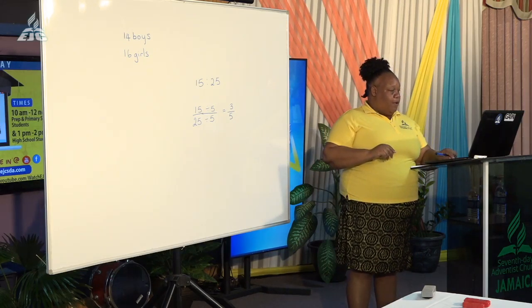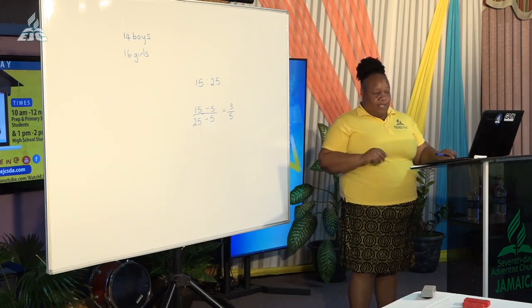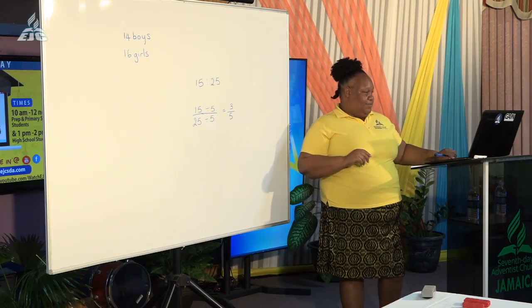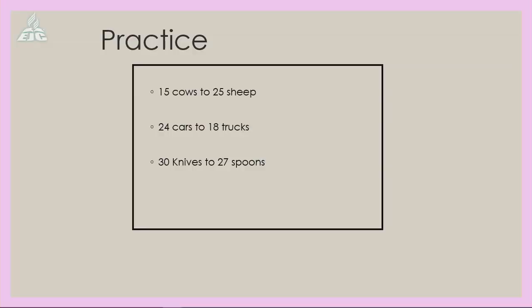24 cars to 18 trucks. Okay, giving you another minute. 24 cars to 18 trucks. So remember, the first thing we do, write our ratio. Then you write your ratio as a fraction.